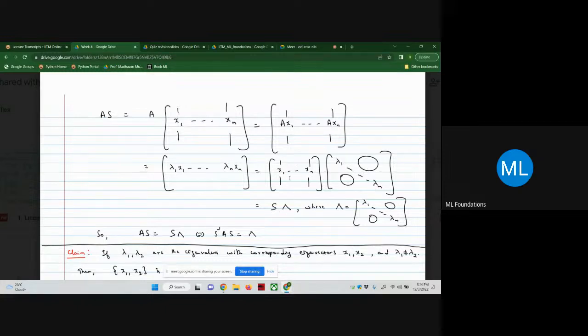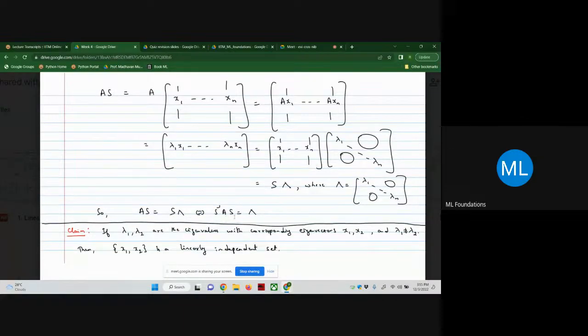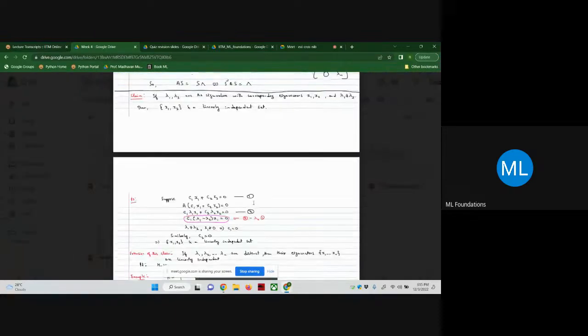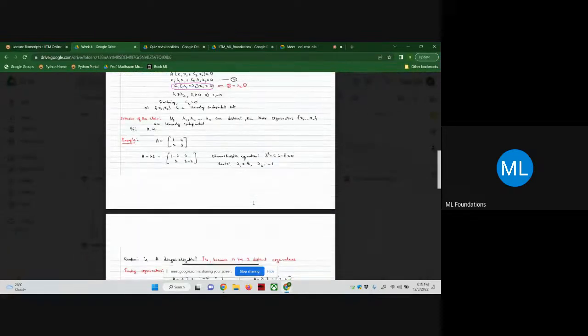This x1 to xn is nothing but S, the eigenvectors matrix, multiplied by the diagonal matrix. So AS is equal to S lambda, and you can rewrite that as S inverse A S is equal to lambda.